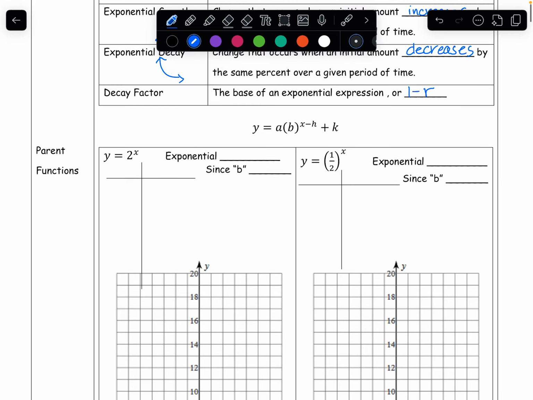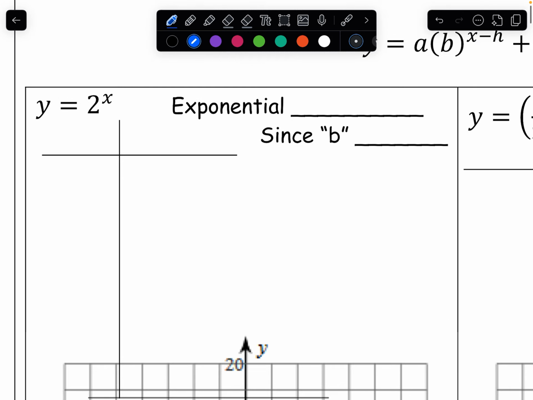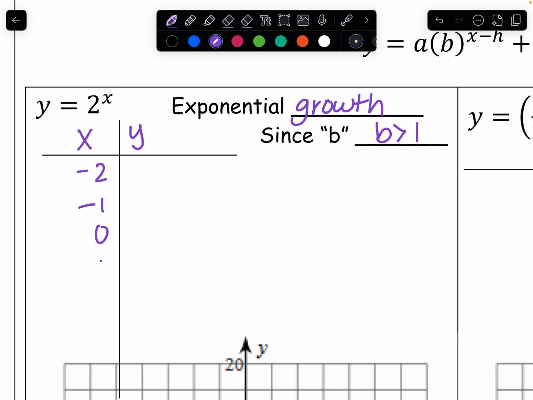So we will eventually talk about transformations, but first we want to go over parent functions. These are going to be our starting values. So this first function is going to be exponential growth because our b value is going to be greater than 1. So creating that table of values, 2.